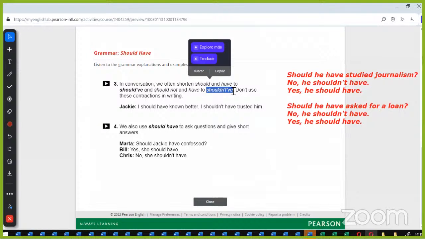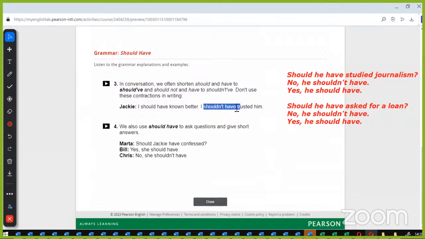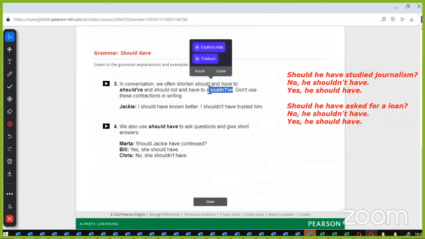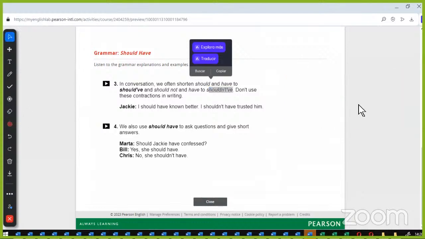You would normally say "shouldn't have" instead of the long form, because it's too long, I guess. Really, it's not used too often in speaking, but it depends, right? But in writing, you shouldn't use these contractions, right? Okay, any other questions? No questions. So let's do something.